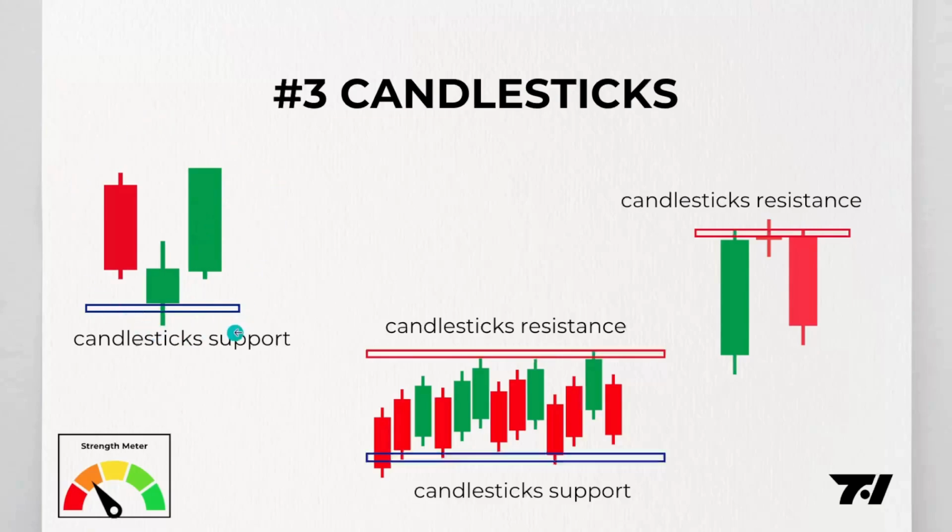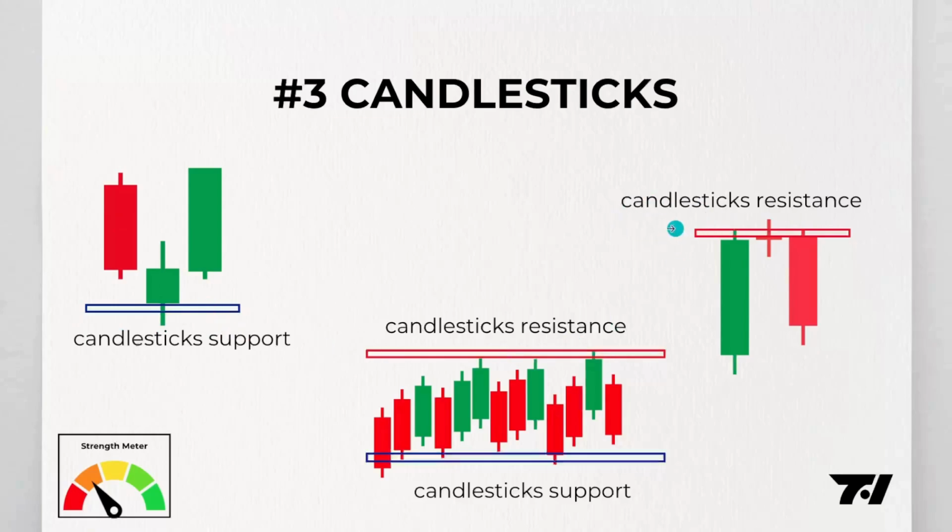Now, if you're looking at a 4-hour time frame, and you see one 4-hour bearish candle, then a 4-hour bullish candle, and another 4-hour bullish candle, then in a lower time frame, say 1 hour, 30 minutes, 15 minutes, or 5 minutes, I can guarantee you that price will create some sort of support over here. You can't see it here because it's just a candlestick. So just by looking at this combination, this is definitely a support at a lower time frame. So that's a candlestick support.